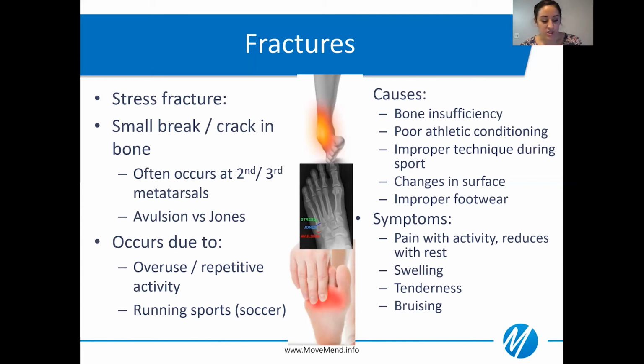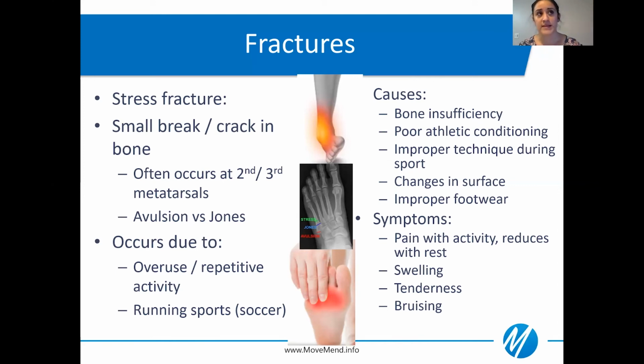So Jones fractures now, they happen on the outside of the foot, more towards the fifth toe. And typically this area is known to have less blood supply. So this area really is susceptible to delays in healing and is more difficult to treat than an avulsion fracture because of the low blood supply in this area.